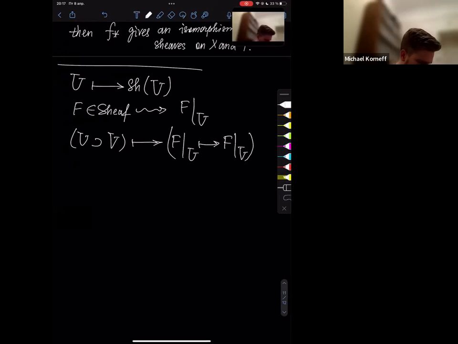And thus, we have a contravariant functor on X.